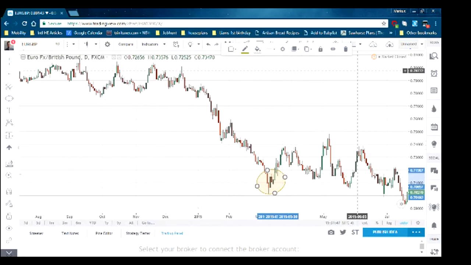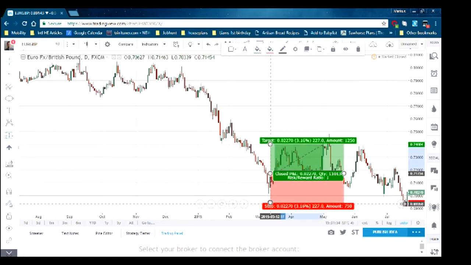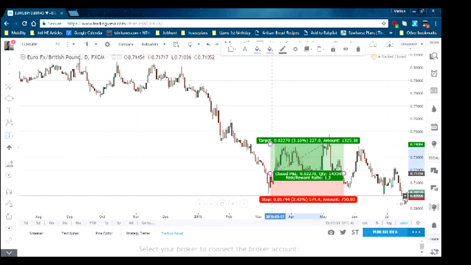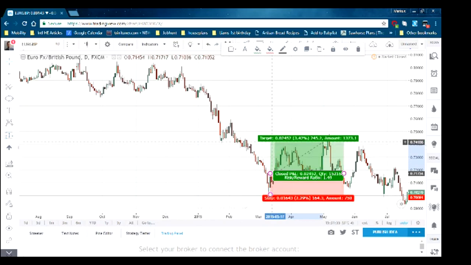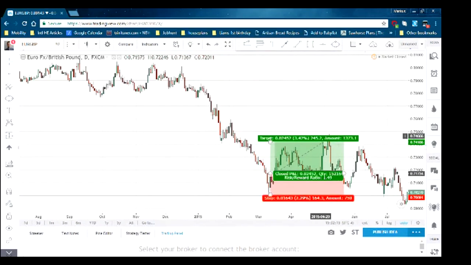And again, depending on what your risk appetite is and where you want to set your targets, I would have set my targets on the first structure level just below. A 1.5 risk-reward is not too bad, and we would have hit it about a month and a half later.